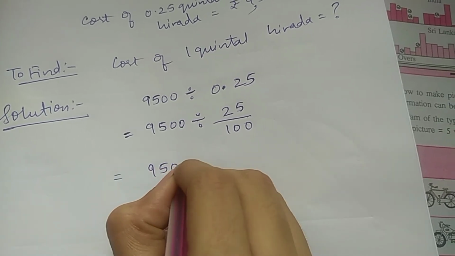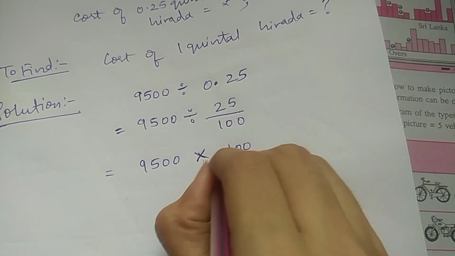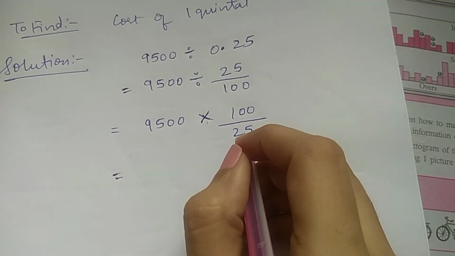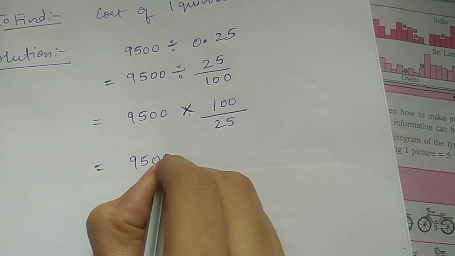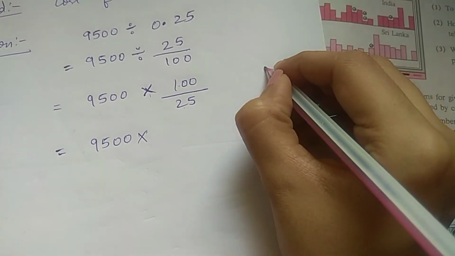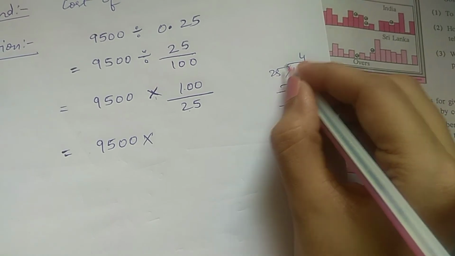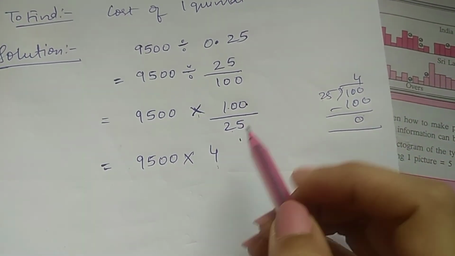How to carry out this? Division becomes multiplication and we will write the reciprocal. Now let's do this. We know that 100 divided by 25 is 4. 25 4s are 100. So when we divide 100 by 25, the answer is 4.